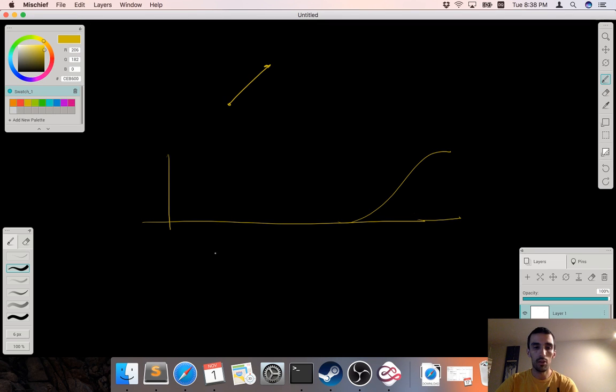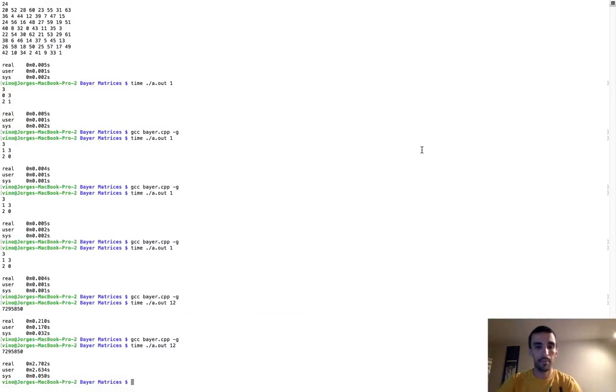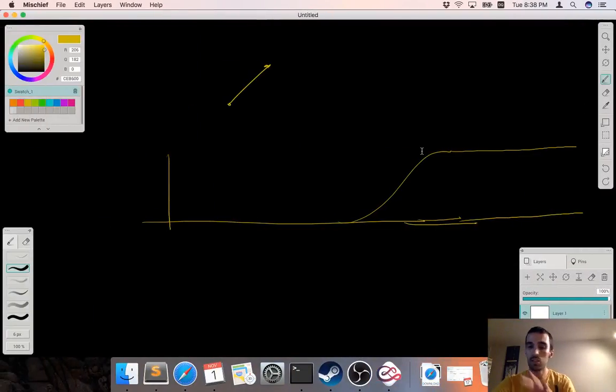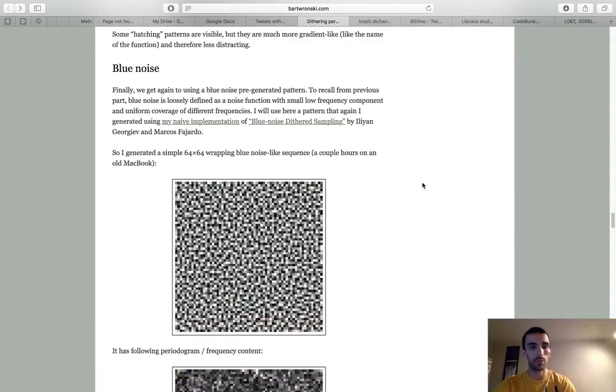It's noise. You get above a certain point and it's just flat. There's no signal here. So that's blue noise. Anyway, that's what the frequency distribution looks like for blue noise.